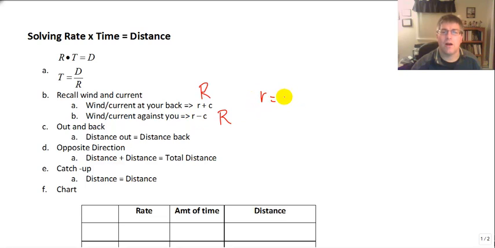And little r is our rate or our effort in still air or water. And of course, C is the current or the wind.